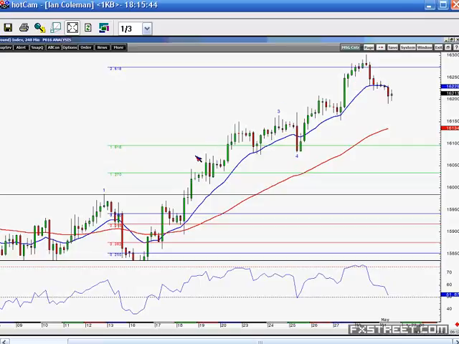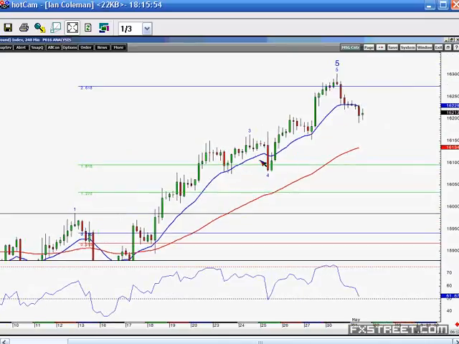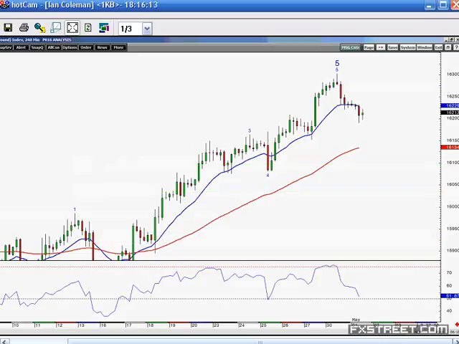It hasn't been in this case, but you can see we then moved back down, okay, to the support level, another engulfing candle formation, 434. I don't believe that counts, correct. I believe it's here, 3 to 4, okay, and then a choppy move up in this 5th wave. So we've got 1, 2, 3, 4, 5, and then we can start again breaking it down into shorter time frames.